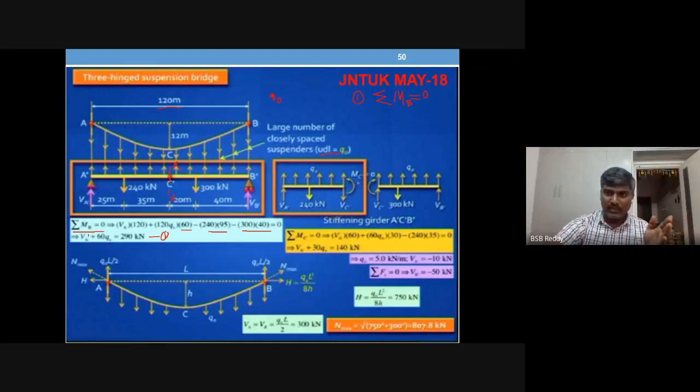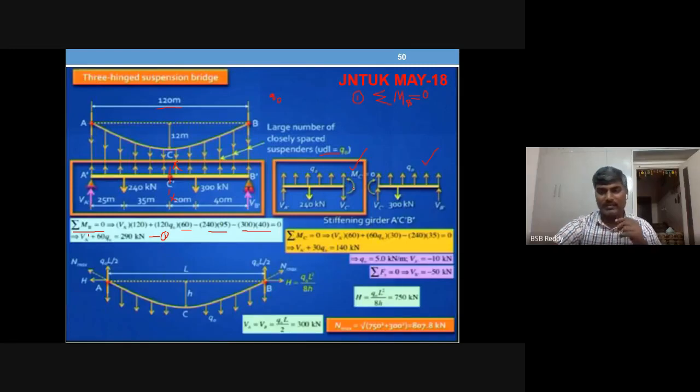So this is the split in the stiffening girder. This and these are the split. Okay, the stiffening girder is split into two. So the left part is considered, and now again you apply moment at C is equal to 0.